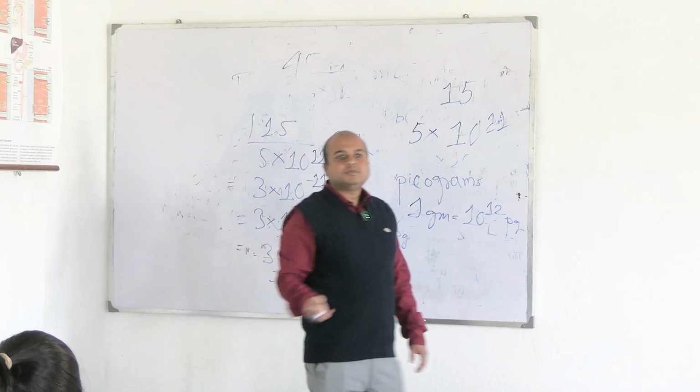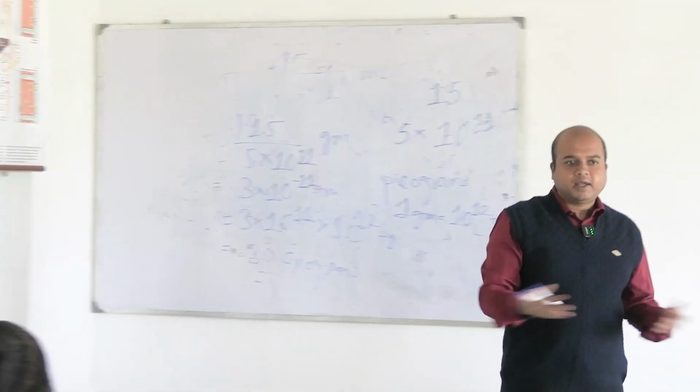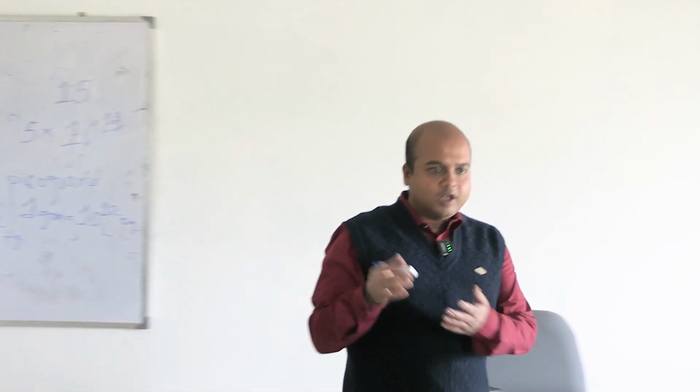So 30 picograms is this by calculating, but again we have just considered 15 and 5 here, and the values will differ. Hemoglobin may be 12.3, this may be 5.83. You don't have to arrive at a final result; just multiply by 10 to the power 12 for gram to picogram conversion, and leave it at that.